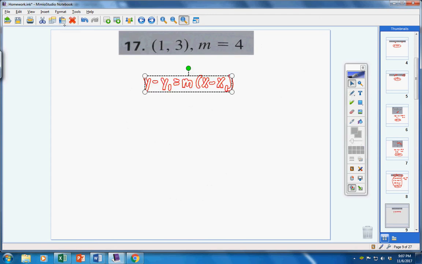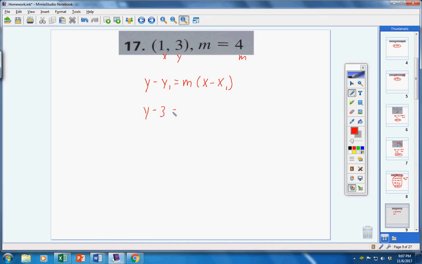Okay, students, number 17, here we go. Here's my x and my y and my m. So, y minus 3 equals m, which is 4, times x minus 1.